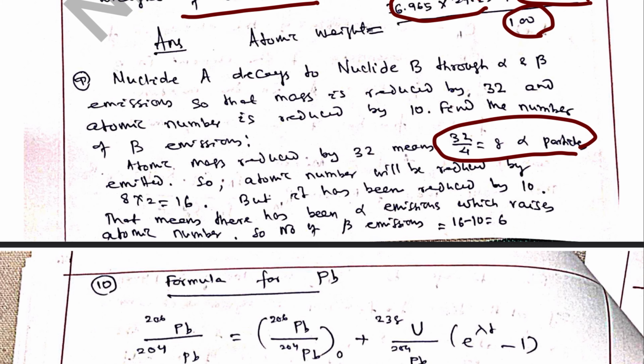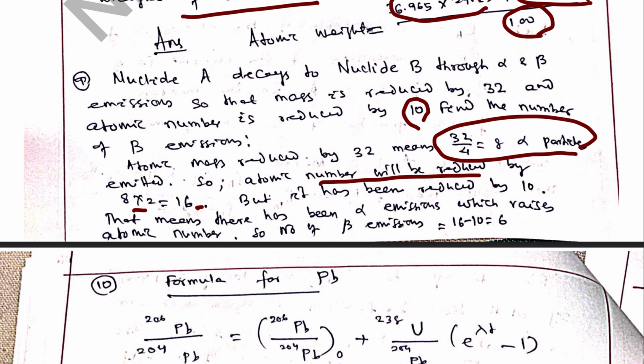For each alpha emission, atomic mass is reduced by 4. So atomic number will be reduced by 8 into 2, 16. But it has been mentioned that the atomic number has been reduced by 10.